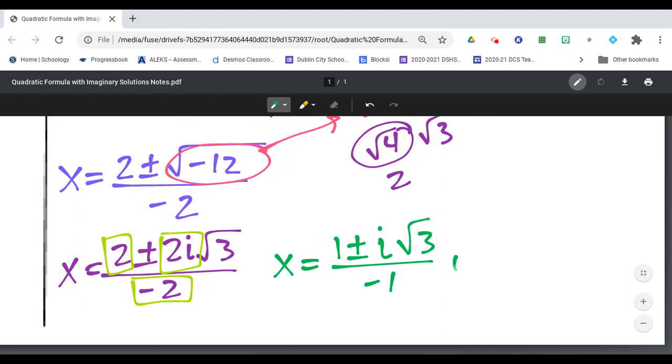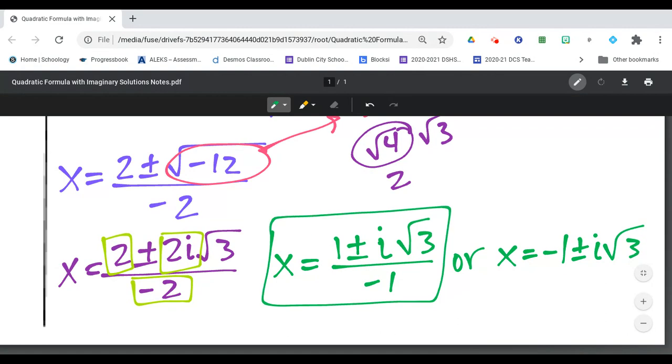The other option is I could say negative 1 plus or minus i square root of 3 over 1. Or you don't even have to put it over 1. So I could just do negative 1 plus or minus i square root of 3. Either answer is acceptable there. You can either leave the negative on the bottom, or you could divide both terms by the negative to get rid of the negative in the bottom.